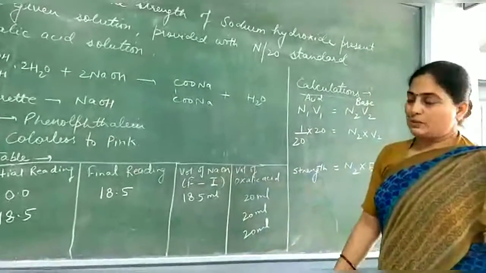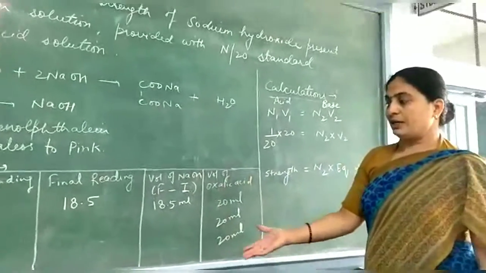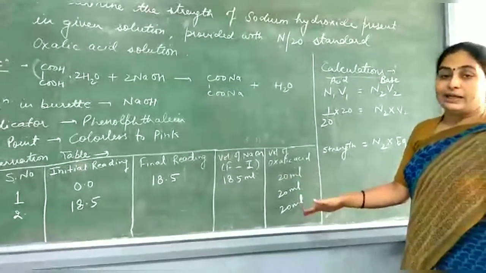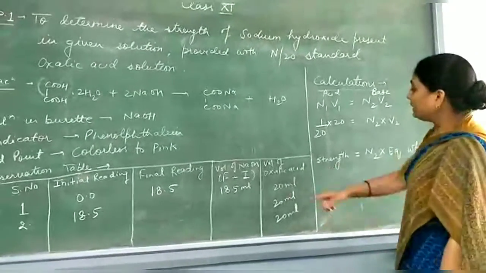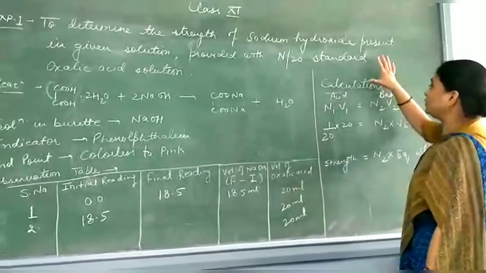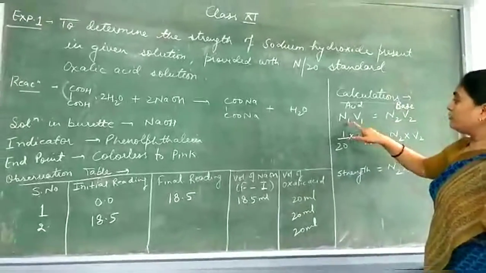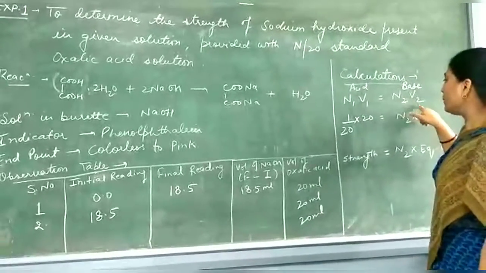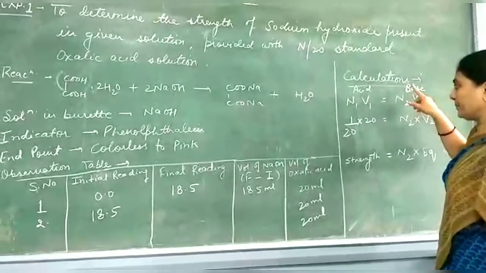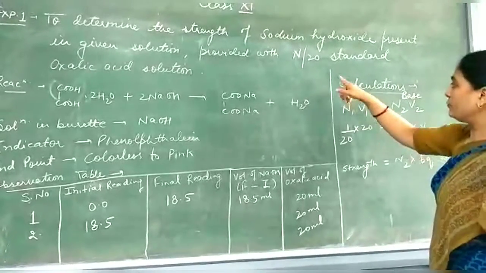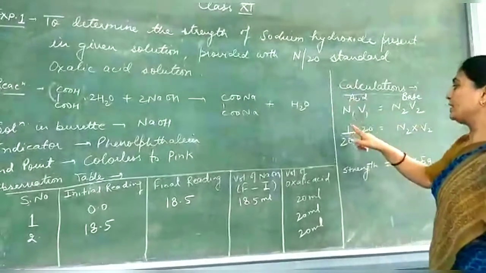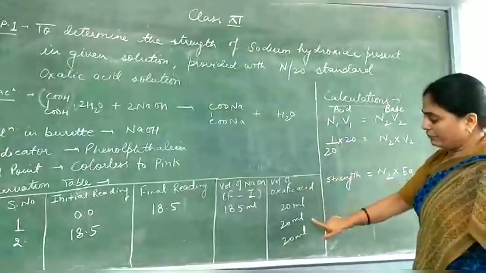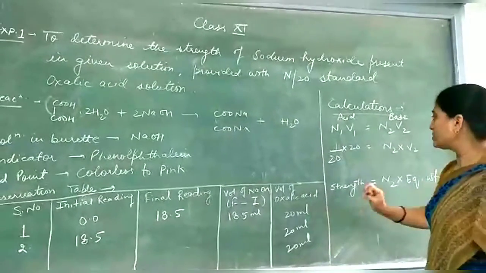So that we'll have the exact volume of NaOH. Suppose after doing 3 readings, I have the exact volume of NaOH as 18.5 ml. Then I'll take this volume and use it in the formula N1V1 for acid, which is equivalent to N2V2 for base. So N1 for the acid is given in the question, that is 1/20. The volume of acid I have taken is 20 ml, always fixed.